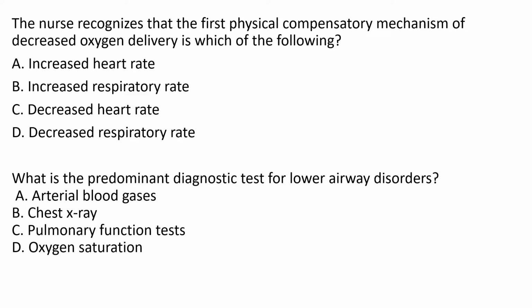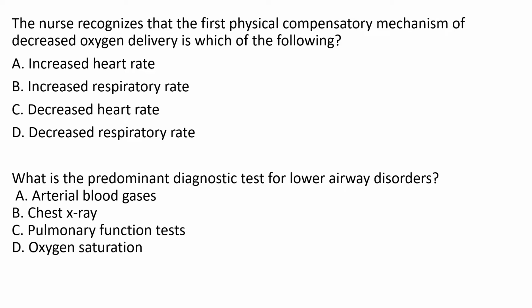Heart rate, absolutely. All right, what is the predominant diagnostic test for lower airway disorders? Is it A, ABGs, B, chest x-ray, C, pulmonary function tests, or D, oxygen saturation? The answer is C, pulmonary function tests, right?